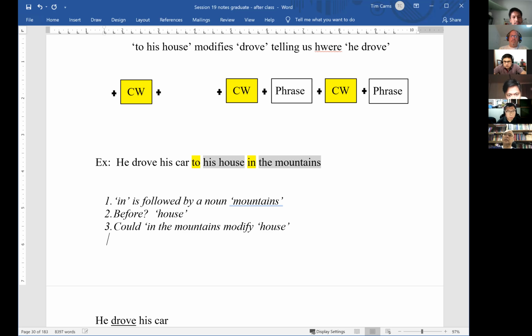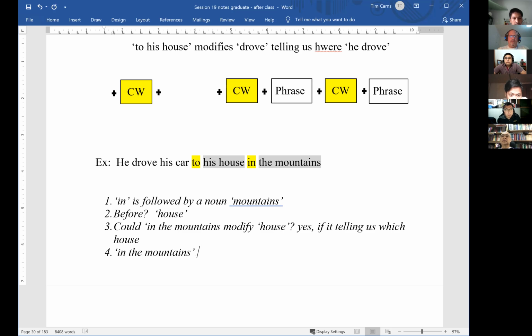And yes, it could, if it is telling us which house. Location. So then I would say "in the mountains" modifies "house" by telling us which house.